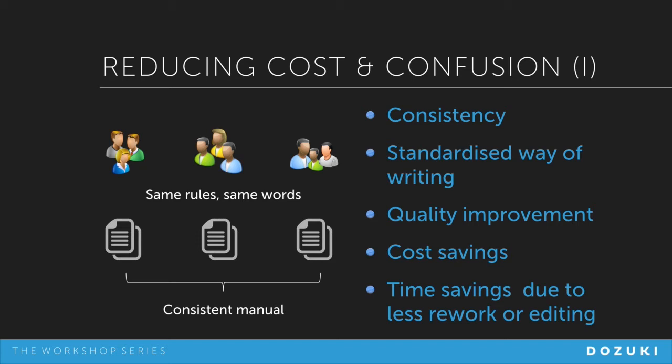Although it's not going to completely eliminate the differences between their writing styles and characteristics, it is going to go a long way towards standardizing and making sure that we can put those different parts of the documentation together to get a consistent manual and result without the need for rework or editing.